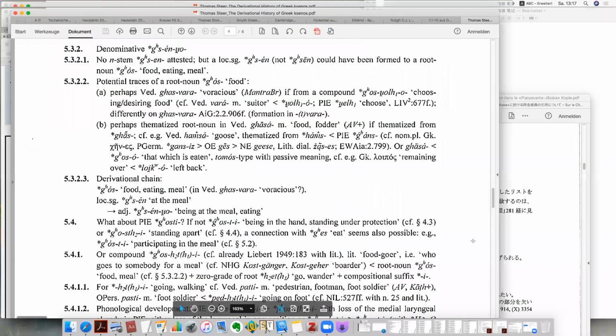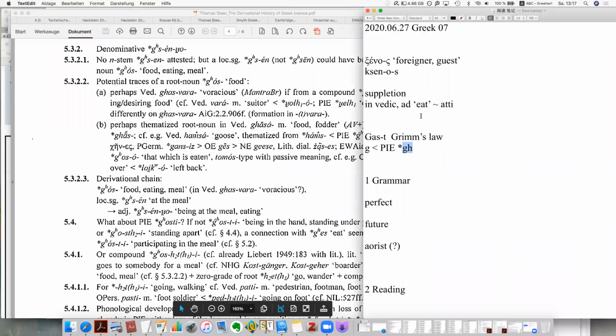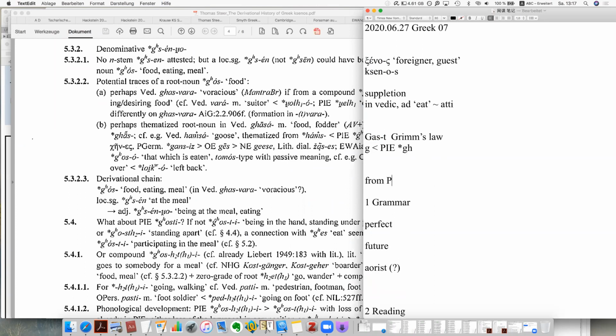So the result is that the Germanic word Gast and the Greek word xen- all go back to the root ghas. So this is the root ghas. They all come from PIE ghas, and ghas means eat.